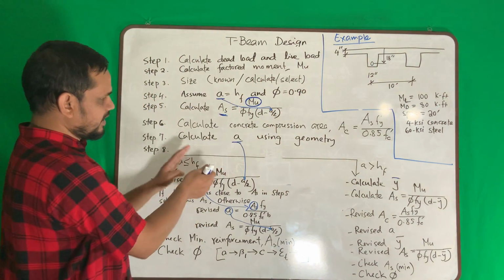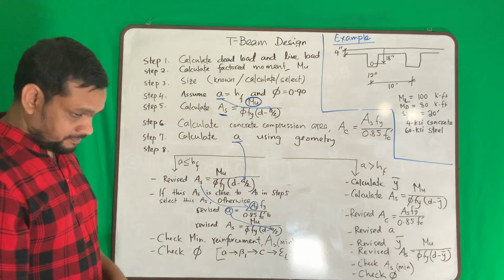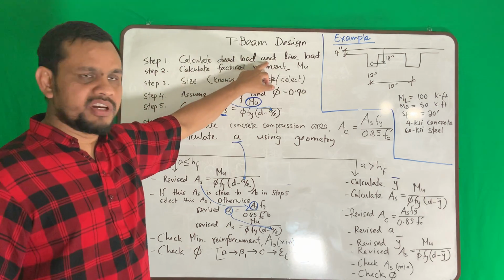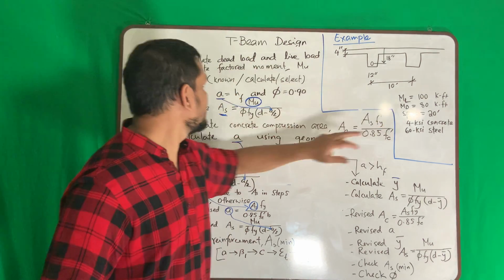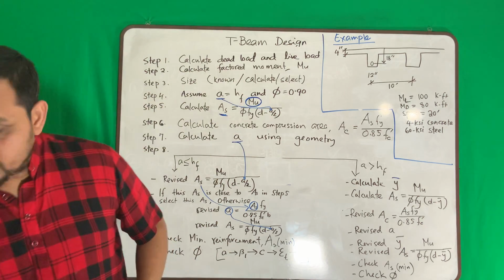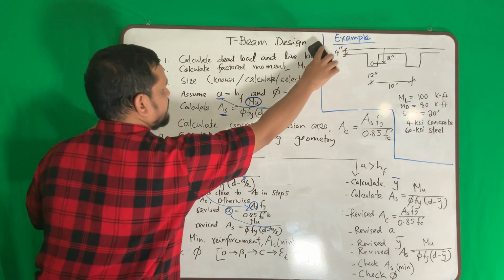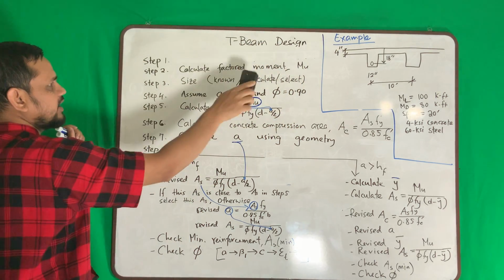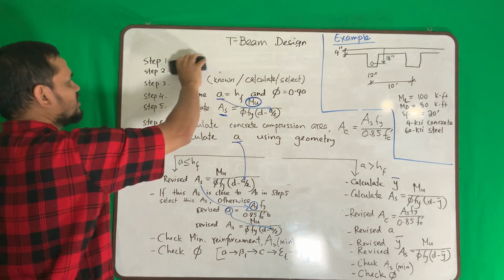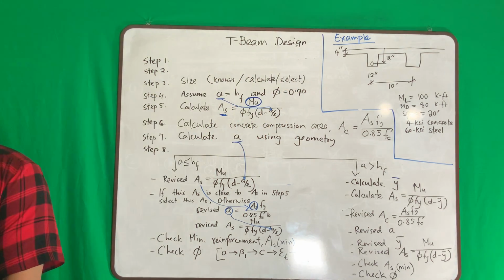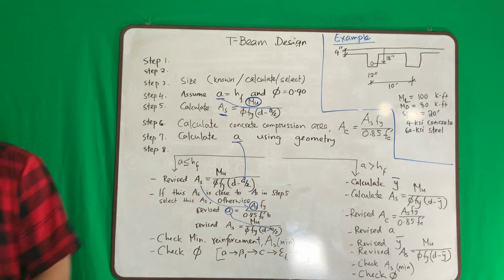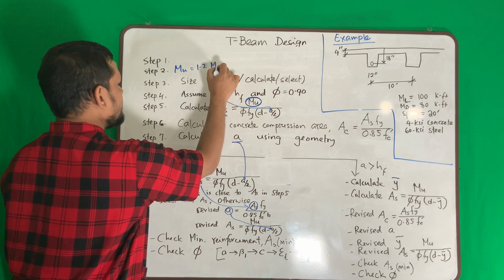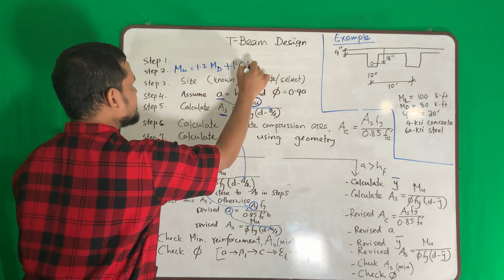So I kept my steps here so that we can follow. Step number 1, calculate dead load and live load. We do not need to calculate because they already gave us the moment. Step number 2, calculate factored moment. So factored moment Mu is 1.2 MD plus 1.6 ML.